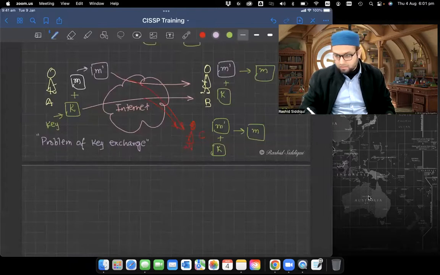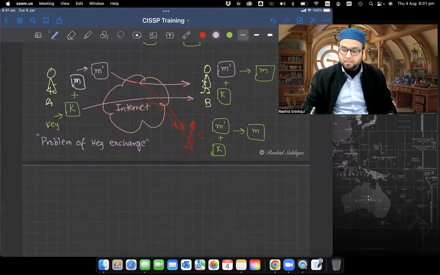So in symmetric key cryptography, since you have the same key for encryption and decryption, the key has to be transported to both the parties, A and B. And when you do that, it has to be out of band. If there is an out of band setup, or if there is a secure path where you can transport the key.